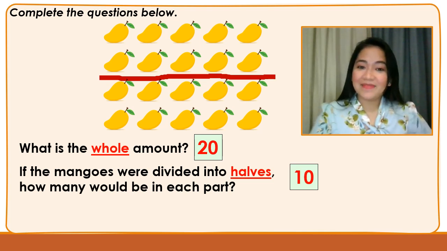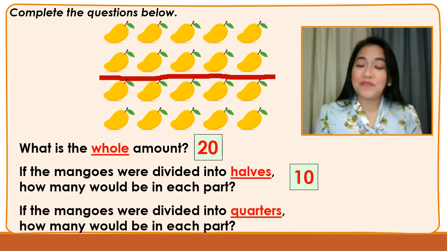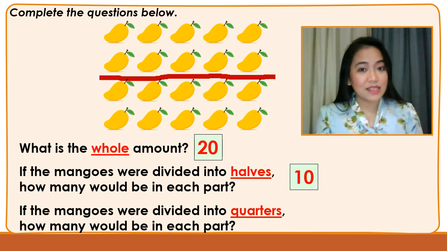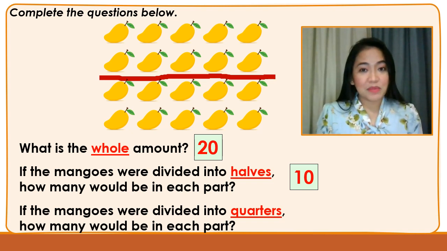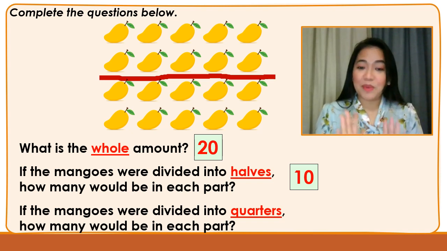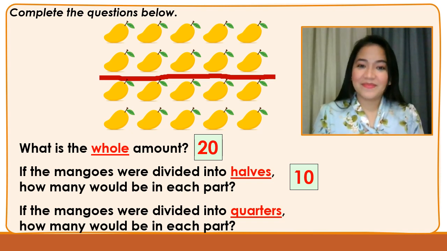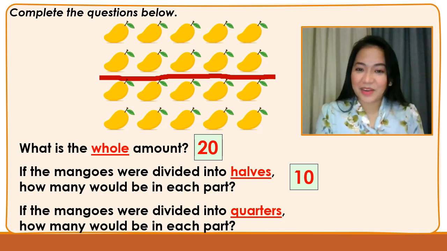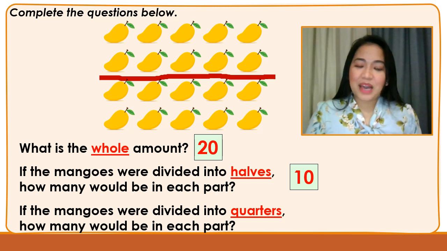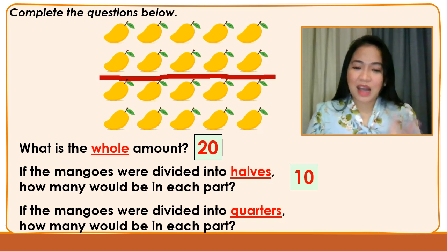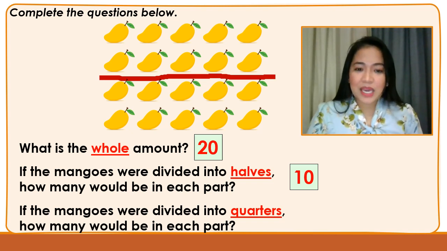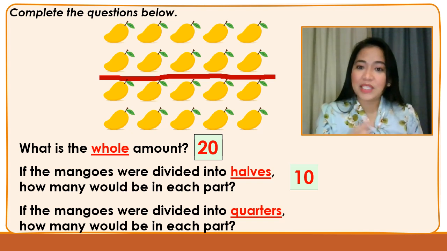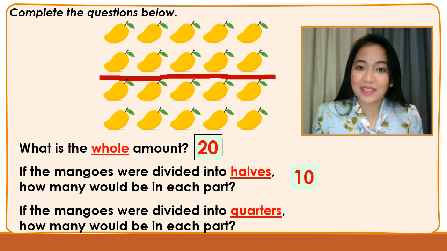Another question. If the mangoes were divided into quarters, how many would be in each part? Again, you may pause and answer. Now, let's check your answer. Since we have divided the mangoes into halves already, we can split each half into 2 to get the quarters, right?